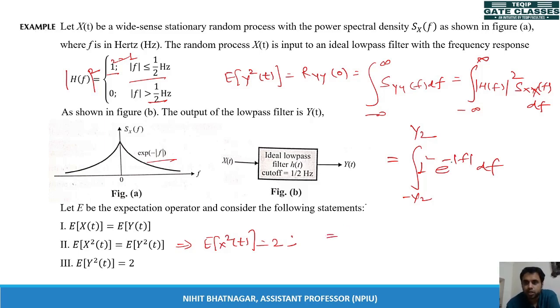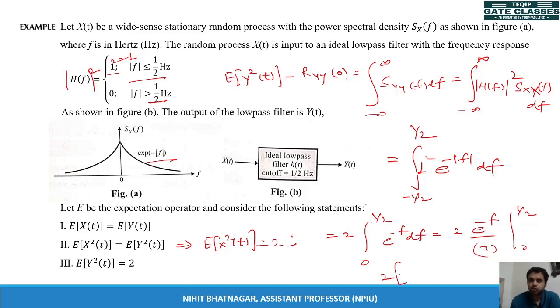This is an even function, so I am writing 2 times the integration from 0 to half of e to the power minus f df. That is equal to 2 times e to the power minus f upon minus 1, limits from 0 to half. So it becomes 2 times (1 minus e to the power minus half).